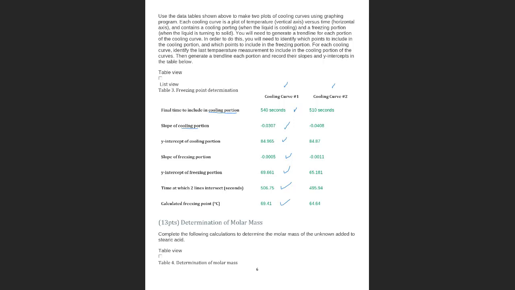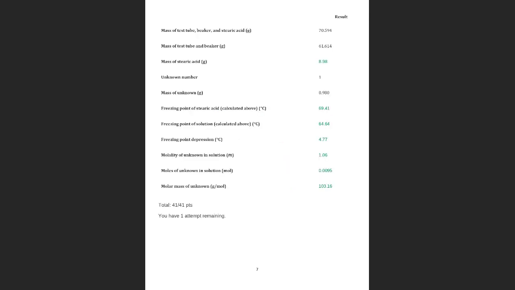And then comes when you have to do just calculations, just the calculation of the molar mass. So what are you going to do first? It says the mass of stearic acid is going to be given. Actually, you will calculate that by difference.